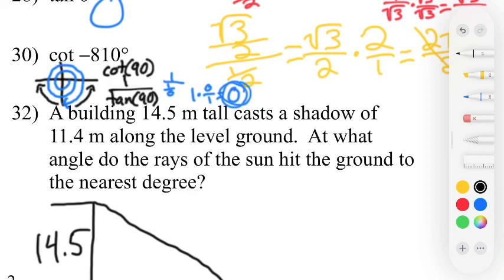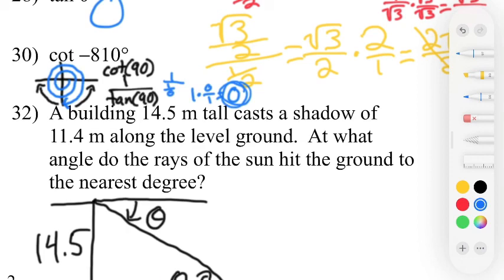Then it asks at what angle the rays of the sun hit the ground to the nearest degree. So it is actually referring to the angle from your horizontal line to the ground. So this theta is the same thing as the elevation theta measurement because of alternate interior angles.